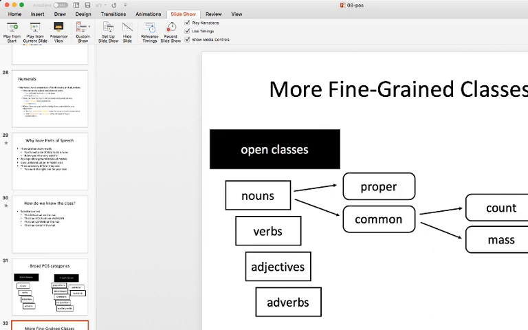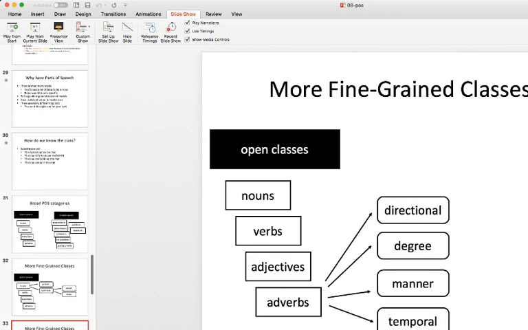You can't pluralize it. Count nouns you can pluralize. So you get tests that count nouns will pass that mass nouns won't. So you have a kind of inheritance hierarchy, these more and more fine-grained classes. Likewise, for adverbs, you have different classes that behave somewhat differently: directional, degree, manner, and temporal adverbs.